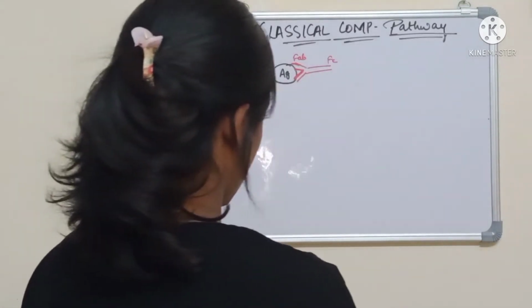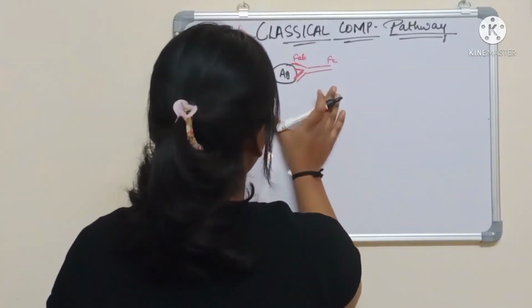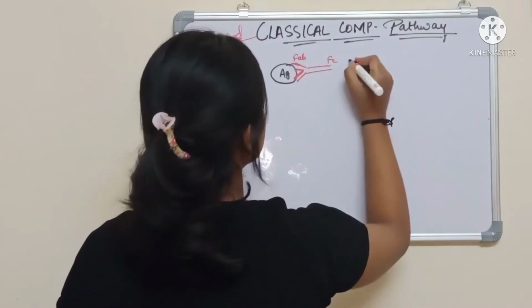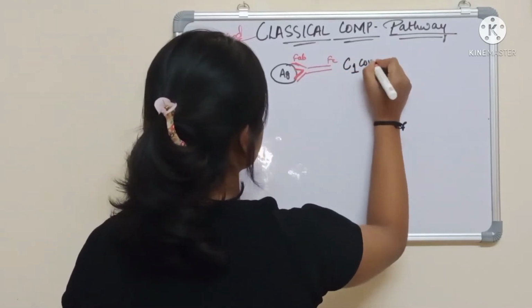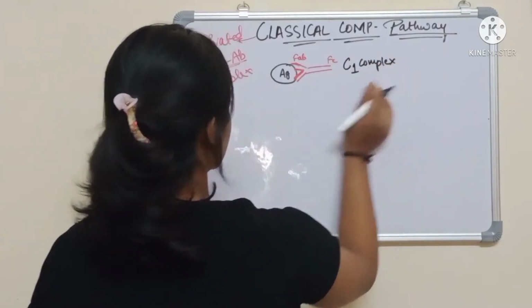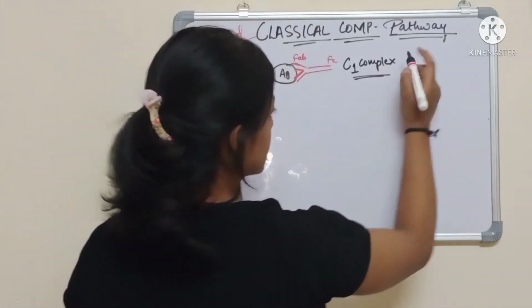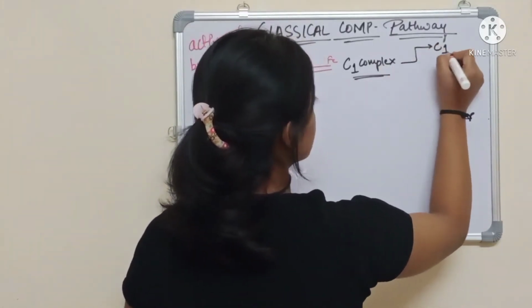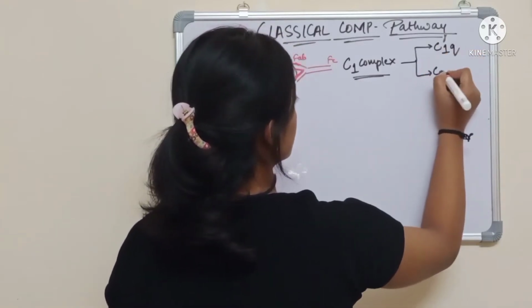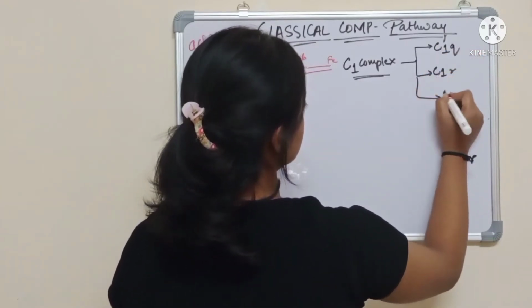Now the complement protein known as the C1 complex comes. C1 complex is a complement protein that is made up of C1q, C1r and C1s.